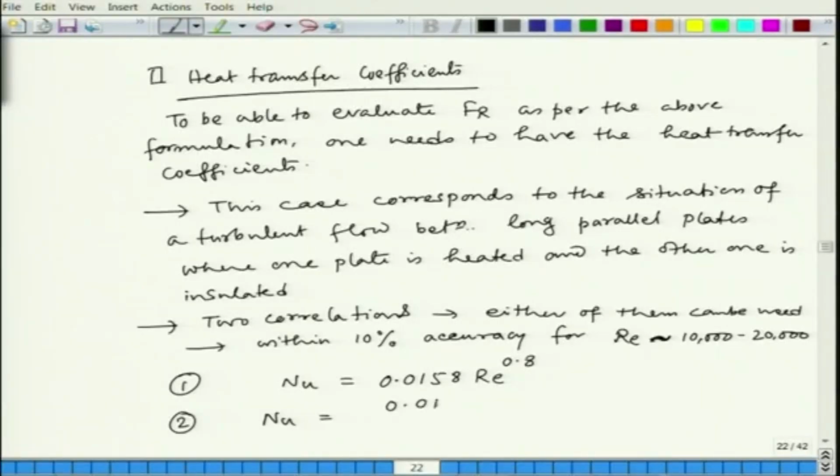The other is 0.1344 Reynolds number to the power 0.75 divided by 1 minus 1.586 Reynolds number to the power minus 0.125. Okay.